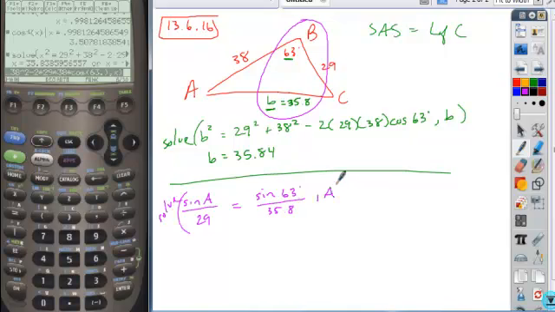Use the solve feature. Once again, we can't actually solve for A inside of a trig ratio, so we'll let x represent the sine of A and solve for that x.